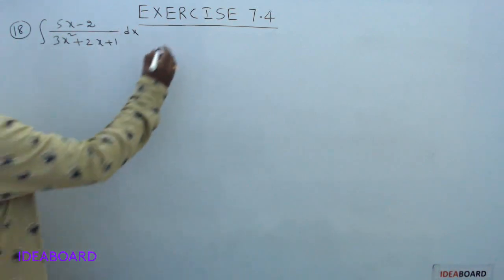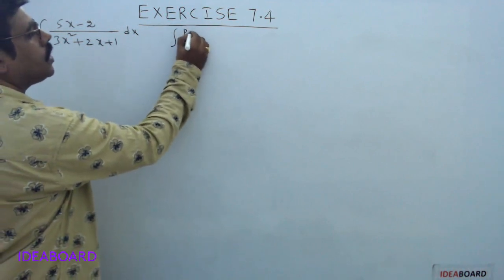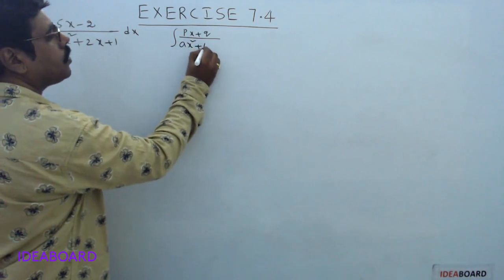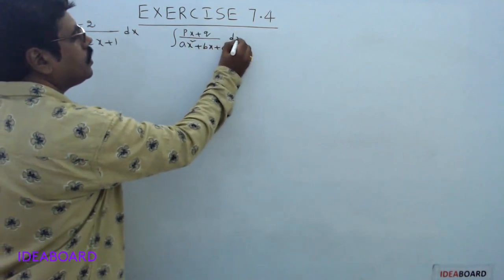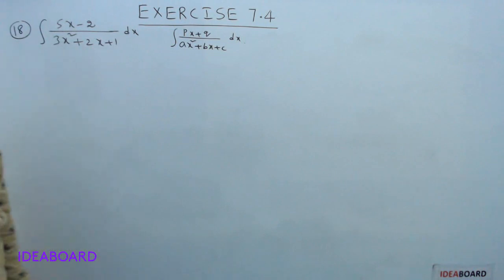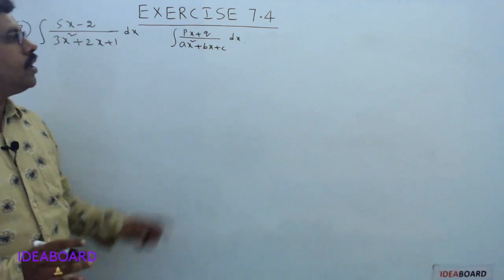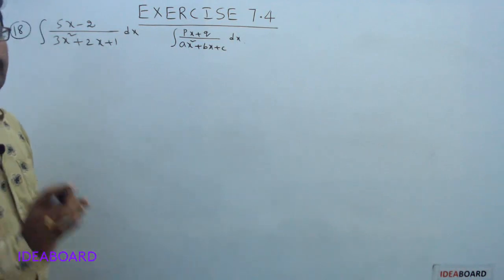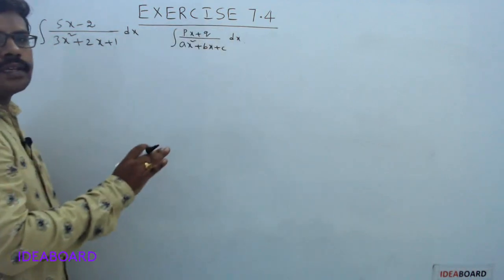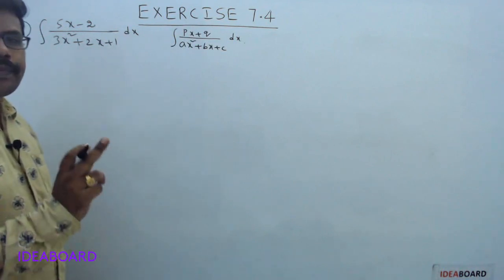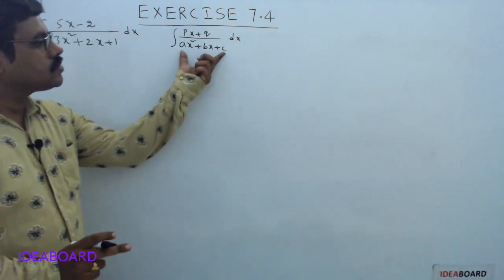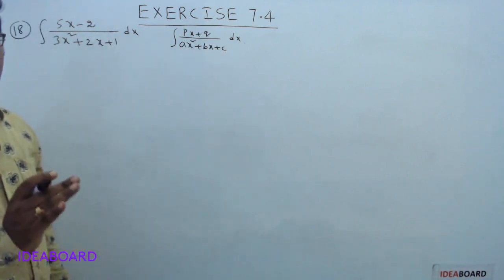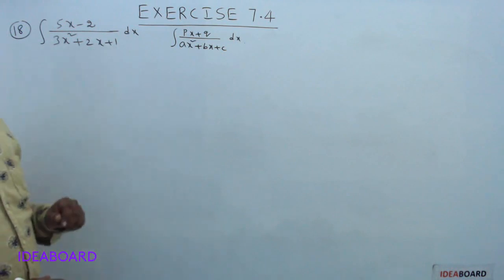Clearly, your given problem is of the form integral (px + q) divided by (ax² + bx + c) dx. What is the procedure to evaluate this type of integrals? Write px + q as some constant A into the derivative of (ax² + bx + c) plus some constant B. Now use that procedure on your given problem.